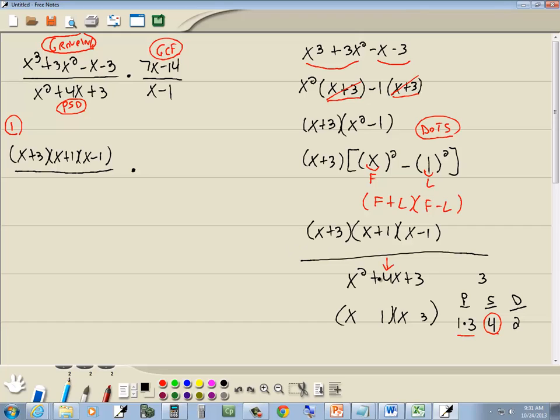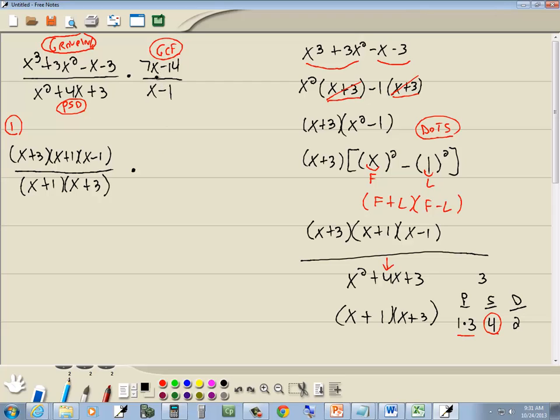The middle term in this problem is positive, so that'll be positive. Now, the numbers circled in the S column, S for same signs, are either both going to be positive or both negative. Well, since this one's positive, then this one has to be positive. So that factors as x plus 1 times x plus 3.